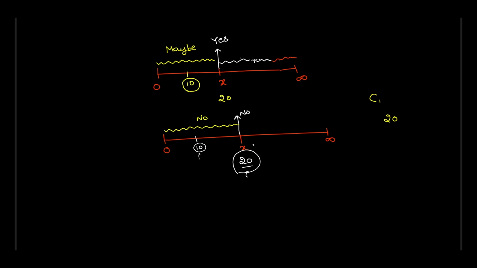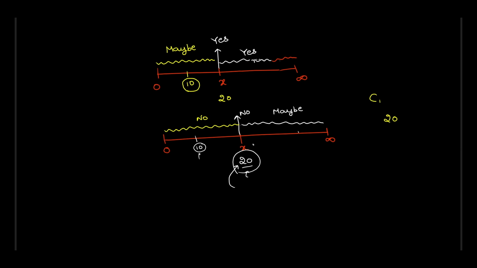And if the answer is yes, then this entire right hand side will also respond with yes. And if the answer is no, then what about the right hand side? So this right hand side will respond with maybe. Why? Because if there is no configuration where all the elements are less than 20, then some element should be greater than 20.